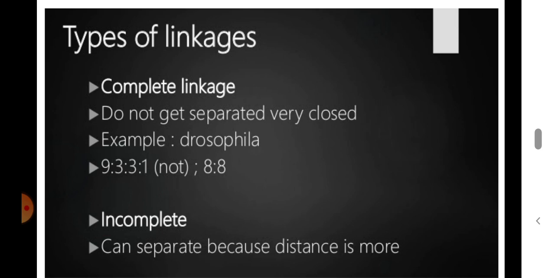Morgan demonstrated through his experiment on Drosophila that a cross between a male with grey body and long wings and a female with two recessive characters, black body and vestigial wings, results in F1 hybrids which are like the male parent.